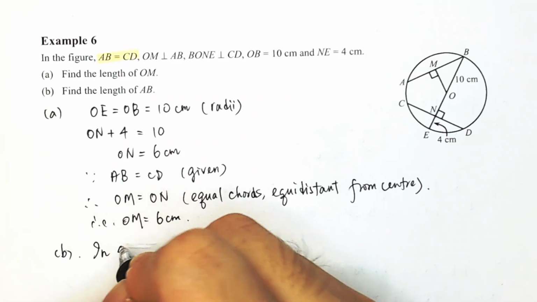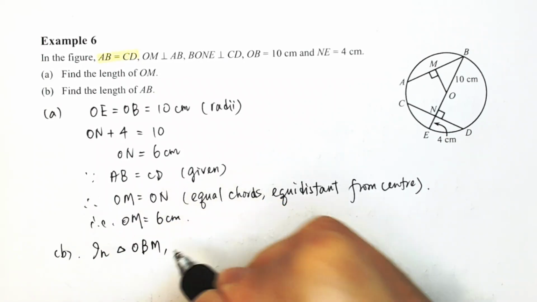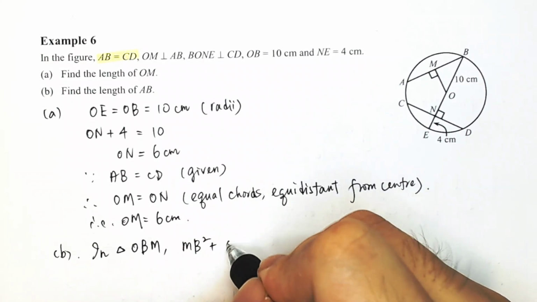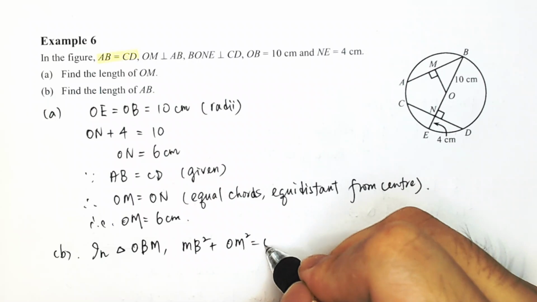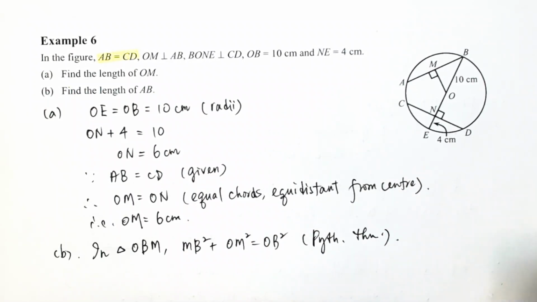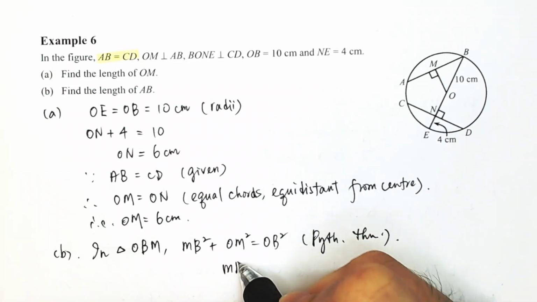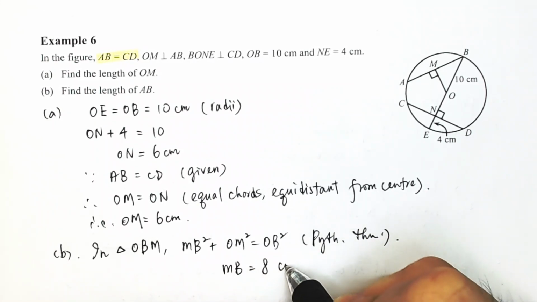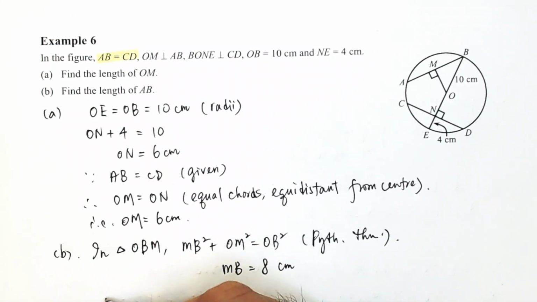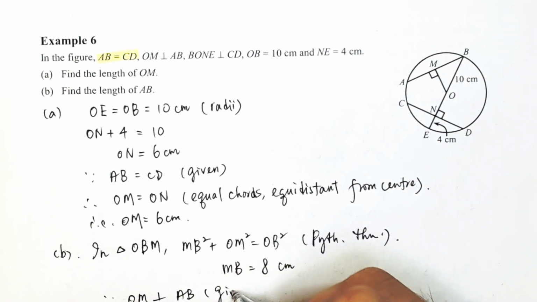Okay, in triangle OBM, we have MB square plus OM square equals OB square. And then MB is actually 8 cm. Now, you know that since OM is perpendicular to AB, which is given, so AM is equal to MB equals 8 cm.